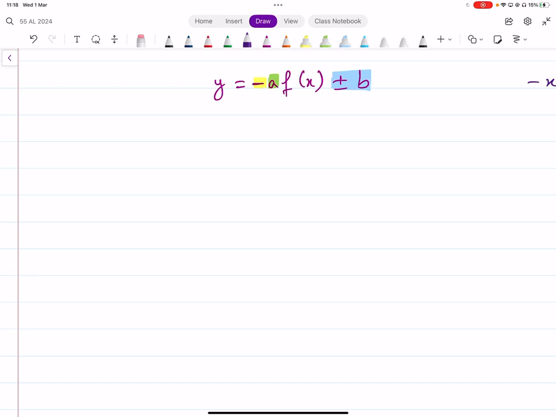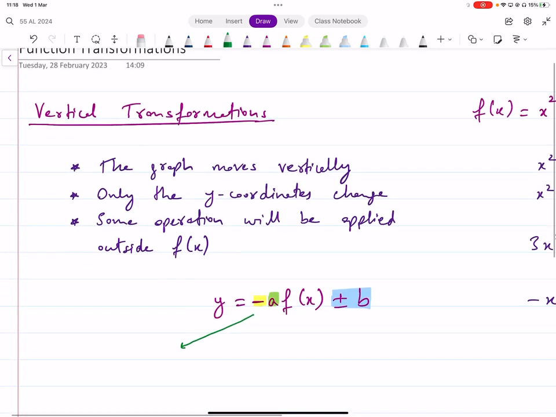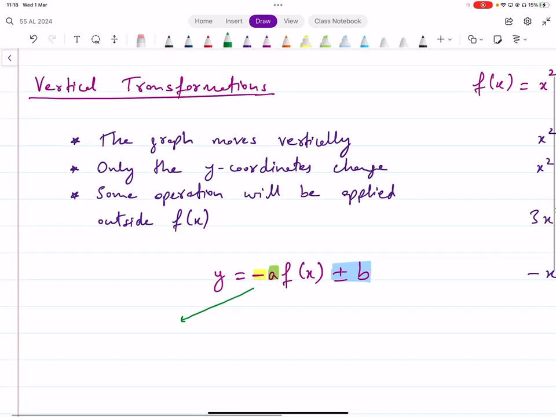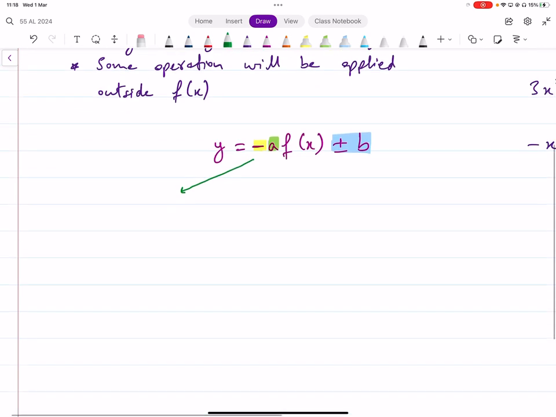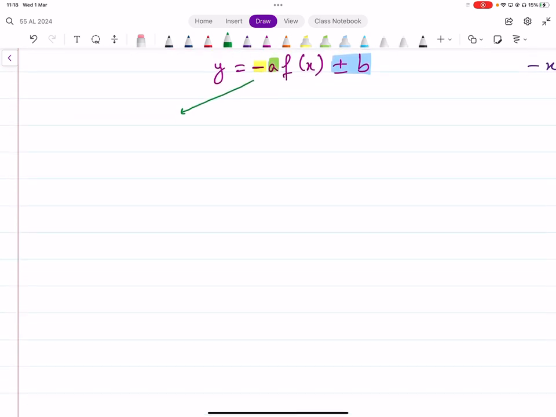Now let me just write those down here. Minus होगा तो क्या होगा उससे? You'll have reflection. So remember, we're talking about vertical transformations. So all of these are vertical. All of these are vertical transformations. So this is vertical reflection.